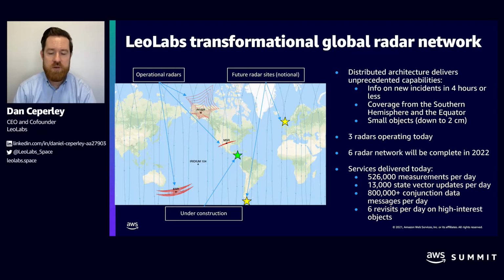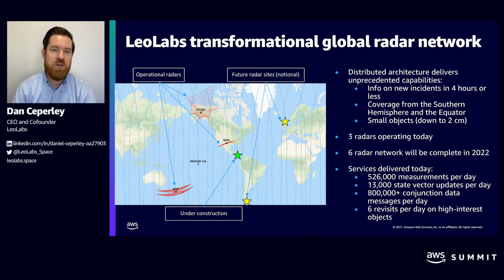Even with the 3 radars, we're actually able to produce a large amount of service, a lot of data today that is going out to customers. So we take over 500,000 radar measurements every single day. That's over 500,000 measurements on the satellites and on the space debris. We update our estimates of their orbits, the trajectories they're on for the next 7 days, over 13,000 times per day.